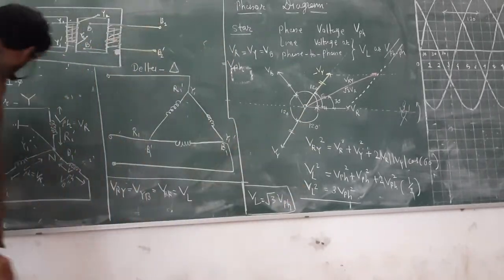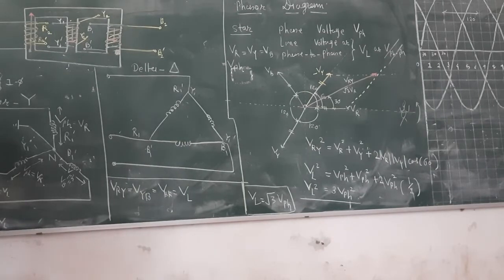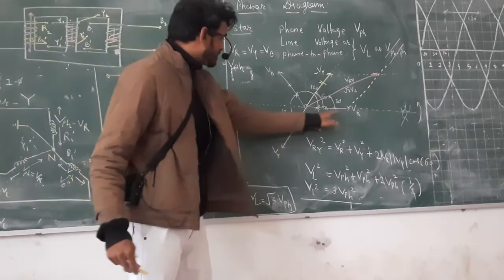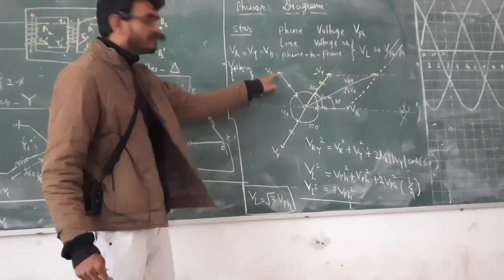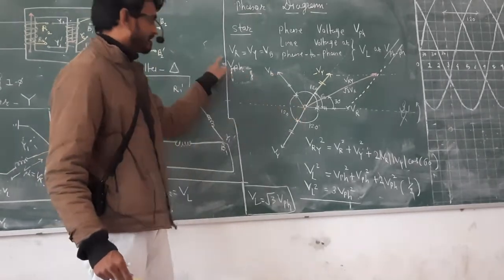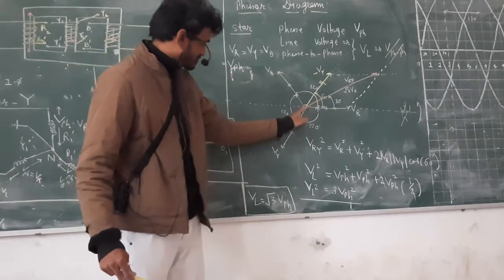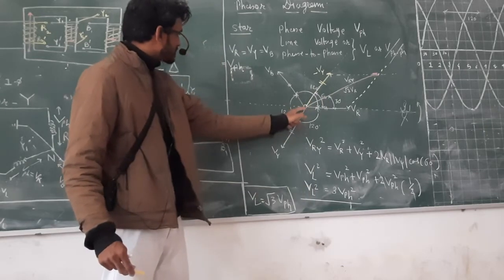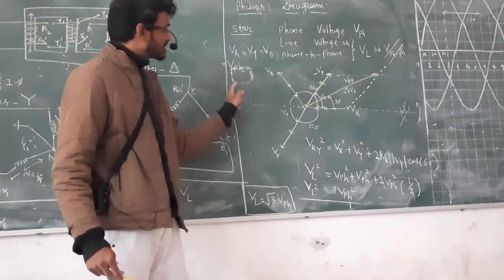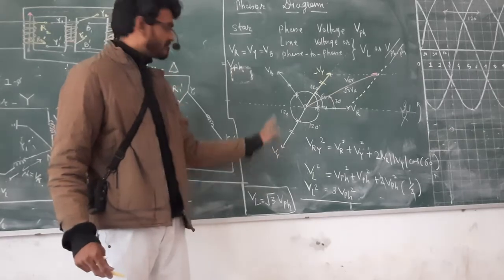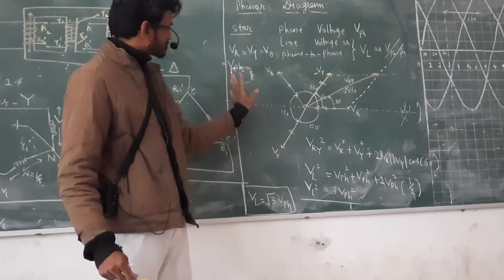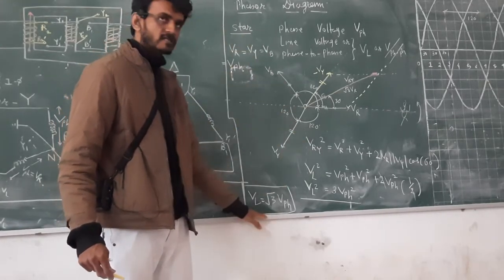Then BR, after YB: flip the R here, add it with the B, and you will get the resultant here. So another pink vector will come here and another pink vector here. That is called the complete phasor diagram. But we are running out of space, so you just draw this and write down this relation.